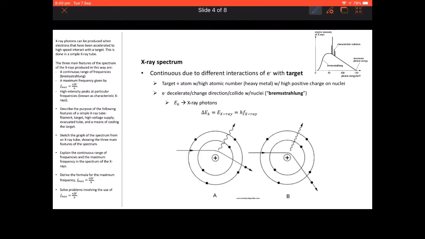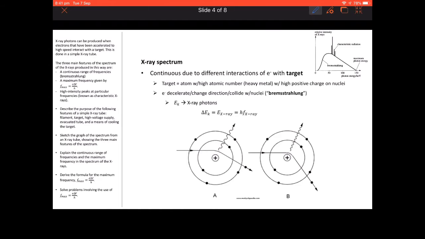Electrons that are incoming will decelerate, change direction, or collide with the nuclei, and this is a result of bremsstrahlung, which is called braking radiation, which is the direct translation.